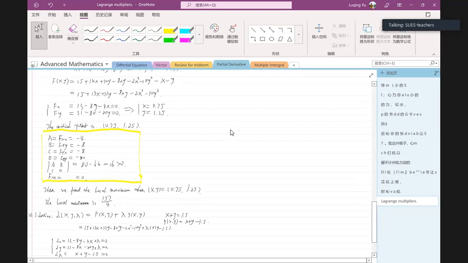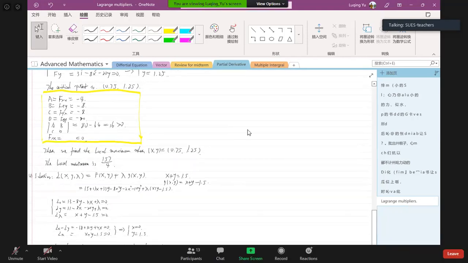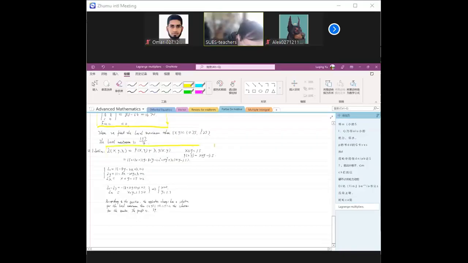The question assures you it is either a local maximum or a local minimum, but you have to give out the full process. However, when things go into the Lagrange multipliers, you have to make sure you say why this is a local maximum or local minimum.